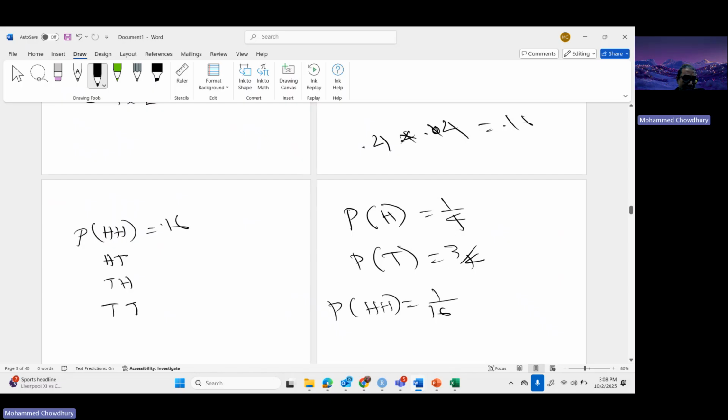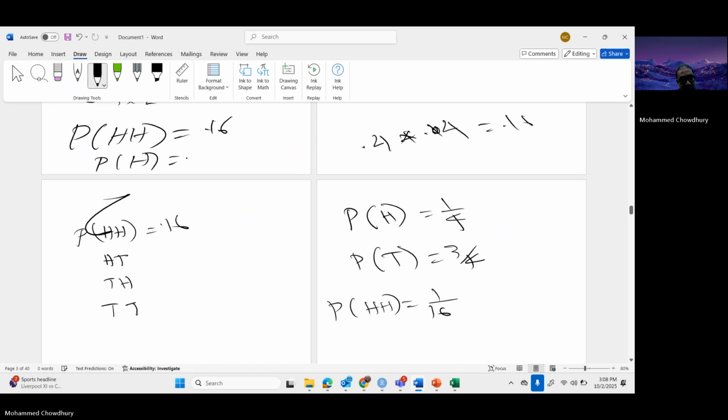Okay, so answer my question. If this is the probability of the two heads, 0.16, okay, so can I write probability of head equal to 0.4? 0.4 equal to 4 over 10, 4 over 10 equal to 2 over 5, right? So probability of head equal to 2 over 5.